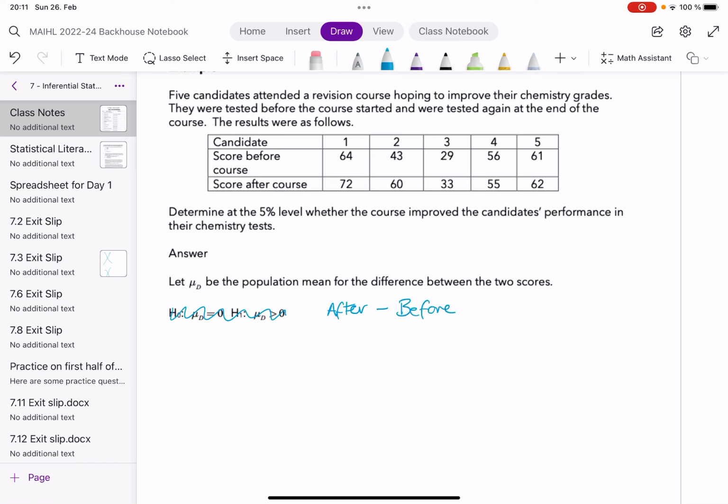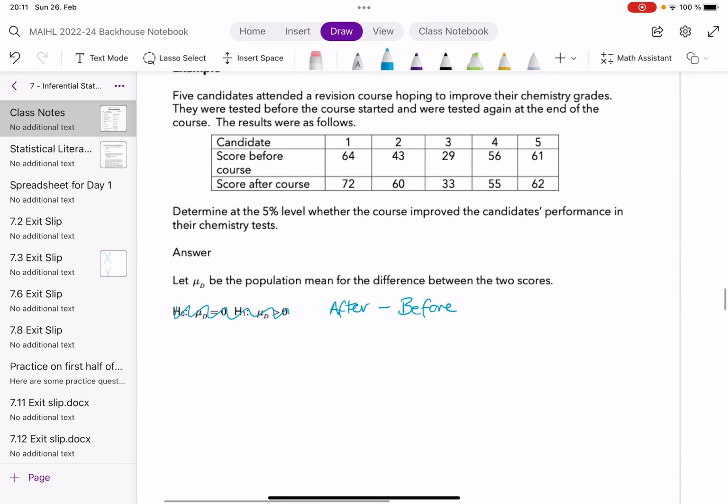Okay, so that's what I'm going to calculate, their score after minus their score from before. So underneath this, I'm going to calculate 72 minus 64, 60 minus 43, 33 minus 29, 55 minus 56, and 62 minus 61. All right.